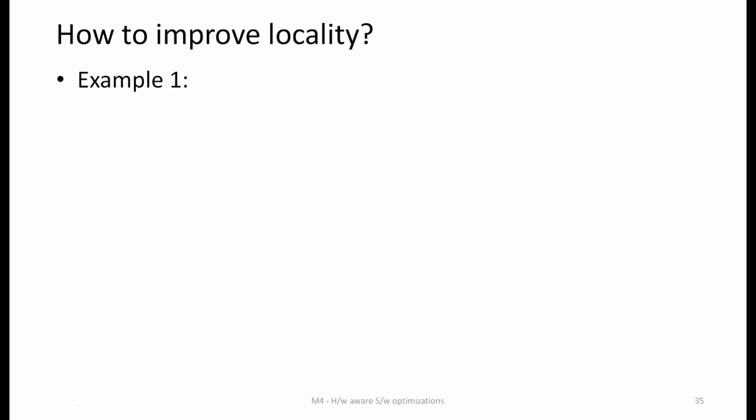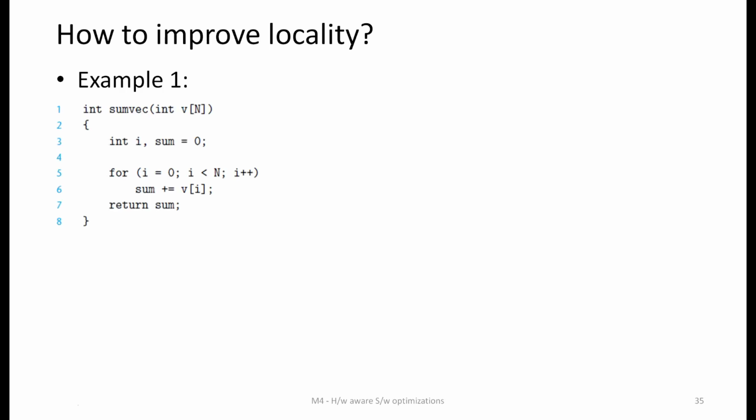So let's look at one simple example to begin with. Let's say we have a function sum vector which takes a vector v as its input, and all we do is sum all the elements of the vector and return the final sum value.